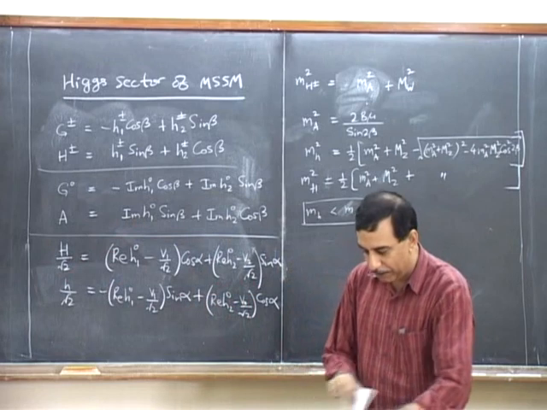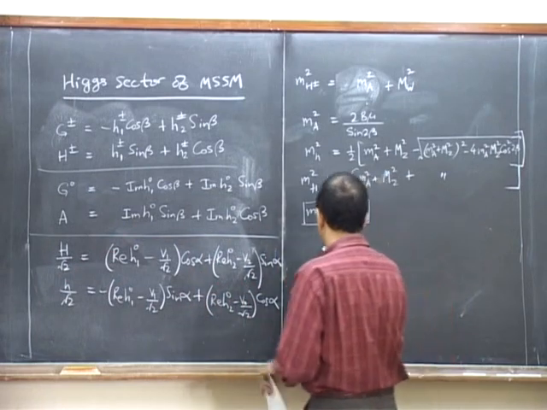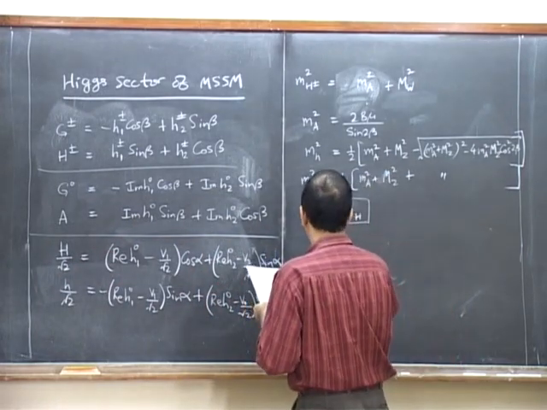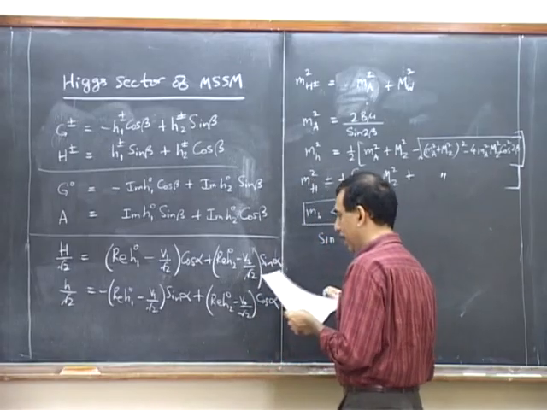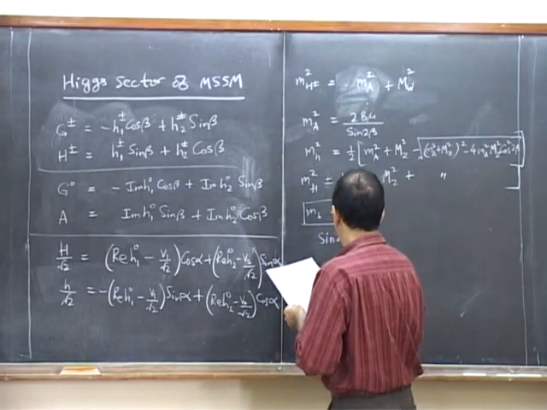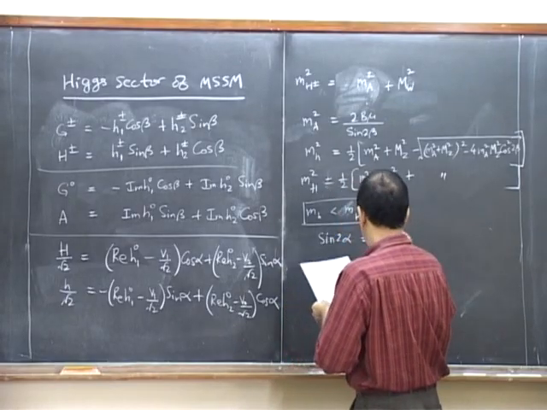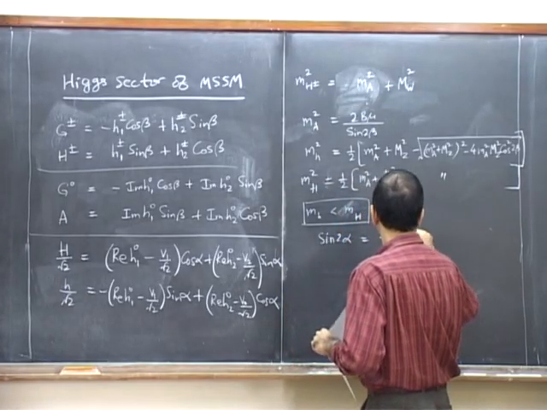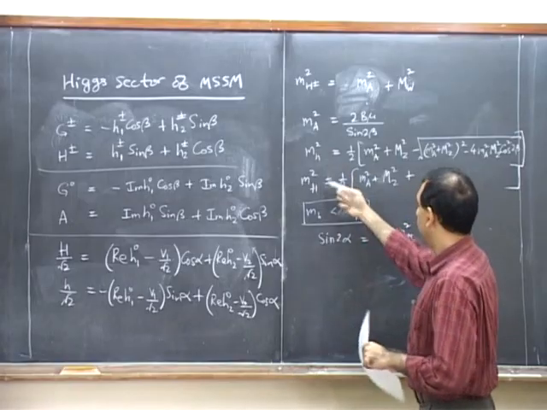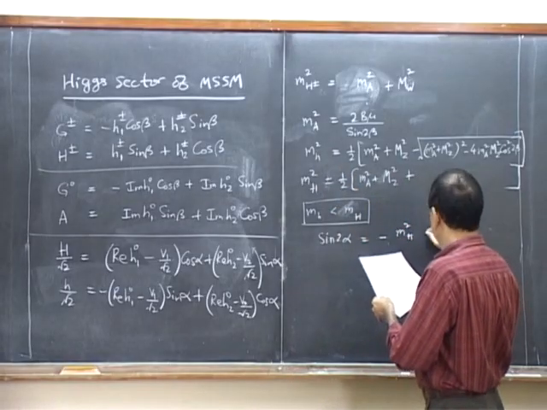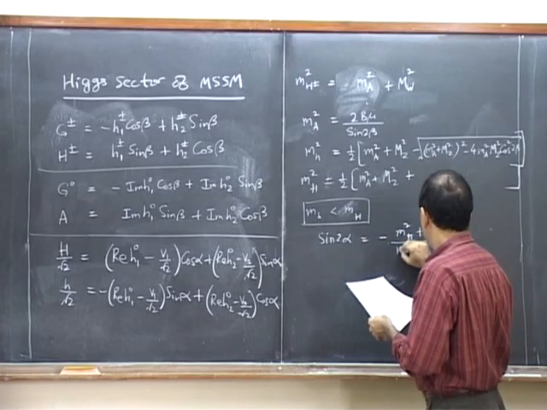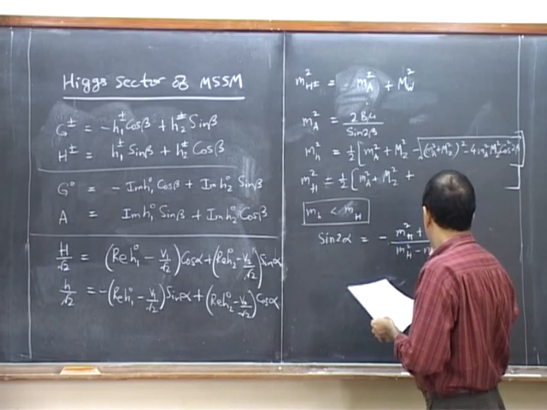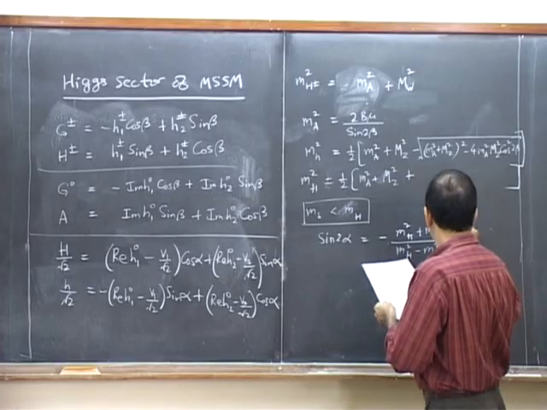So alpha can be defined by various equations, all of which are useful. The primary equation is that sine 2 alpha is most conveniently expressed in terms of the masses of the small h and capital H, and then sine 2 beta.